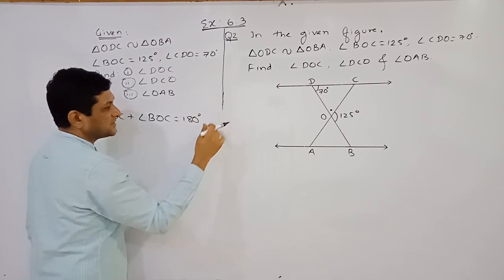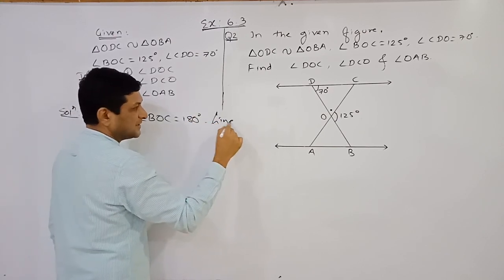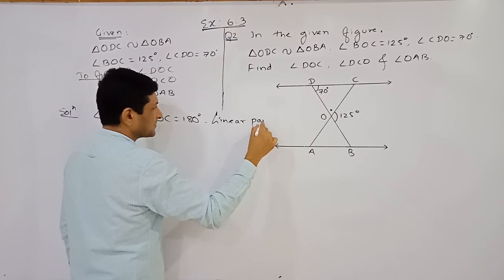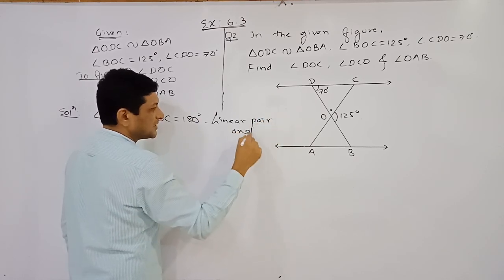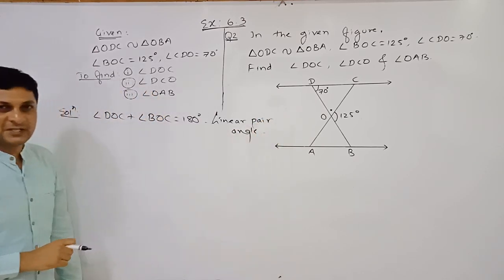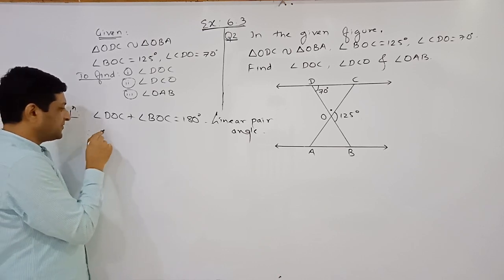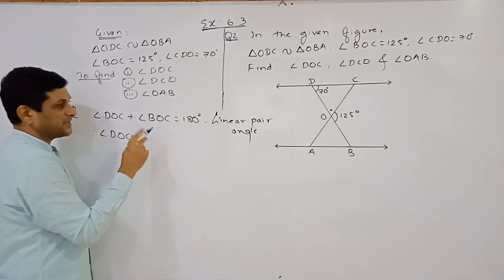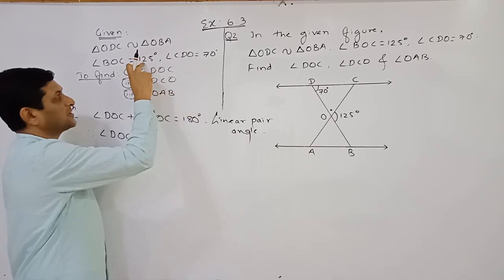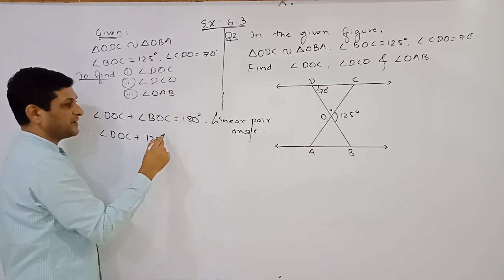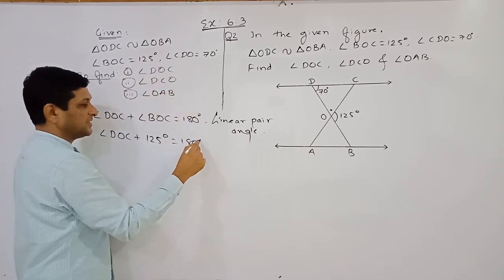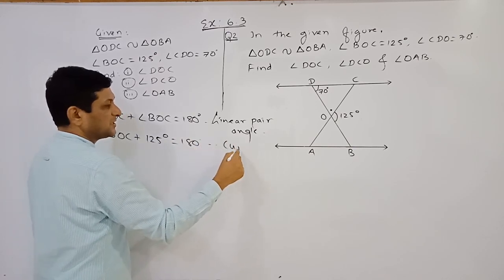The reason is linear pair angle, and we know that the sum of a linear pair is 180 degrees. Angle BOC is 125 degrees, which we substitute from the given condition.